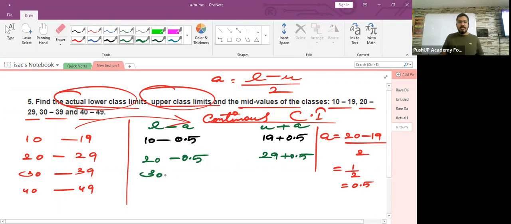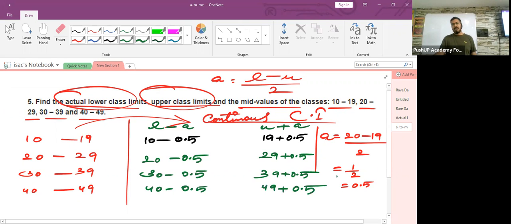Here it will be 30 minus 0.5, and here it is 39 plus 0.5. Here it is 40 minus 0.5, and here it is 49 plus 0.5.